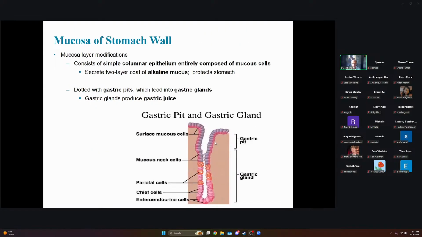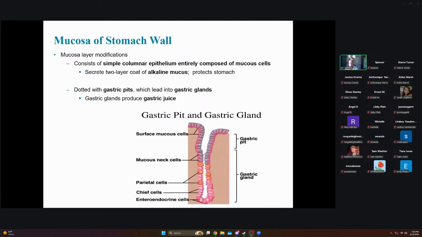So going back here to the illustration of the gastric gland, as we dive deeper in past the surface cells that we've just talked about and into these mucus neck cells, this narrow bandwidth here of these type of cells, what these mucus neck cells do is they lay down, as the name says, a mucus, but in this case, the mucus is actually acidic in nature.